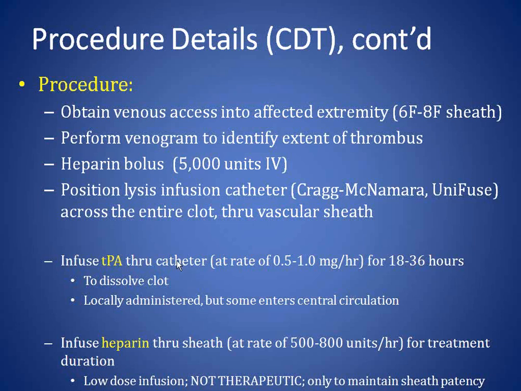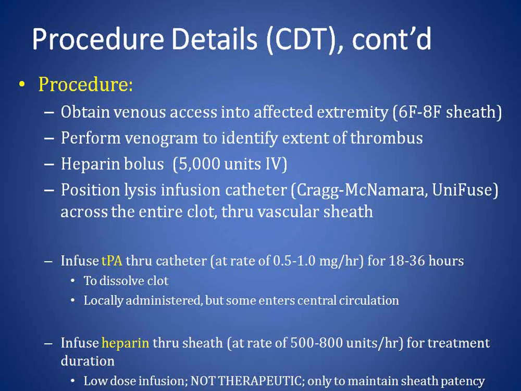You can infuse TPA through the catheter, so the rates of infusion are kind of position dependent. The published rates, generally speaking, are anywhere from 0.5 to 1 milligram an hour, and you leave it there, let it go for 24 hours, 18 hours, depending on when you start the case and when you want to see the patient again. The purpose is to dissolve the clot, locally administered into the clot, but again, some does enter the central circulation.